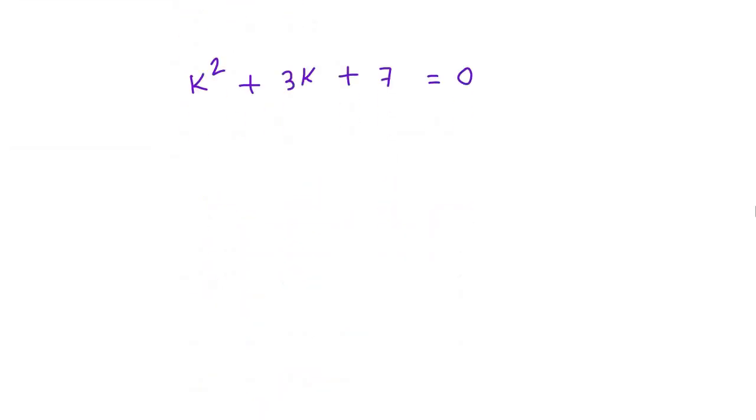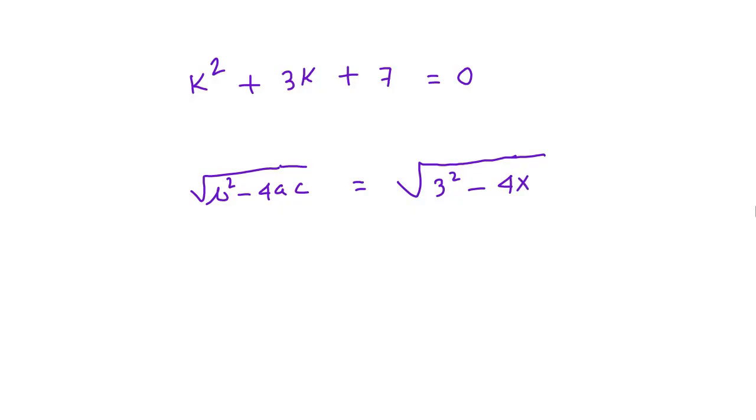Then from here, if we check the roots of this equation, we'll apply b square minus 4ac and we'll see the value of this term. We can write square root of b square, which is 3 square, minus 4 times a, which means 1, and c means 7.